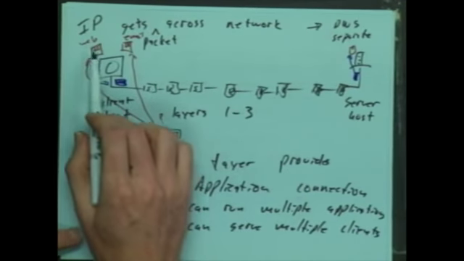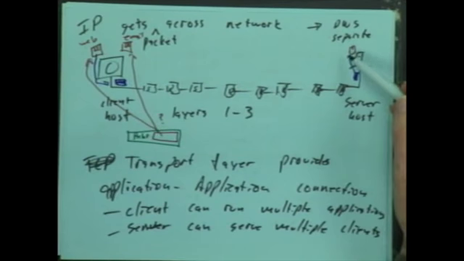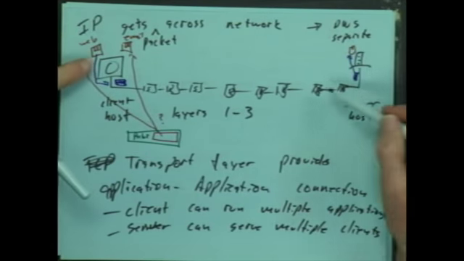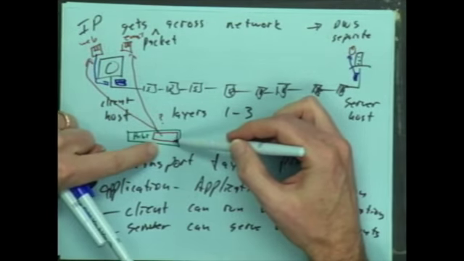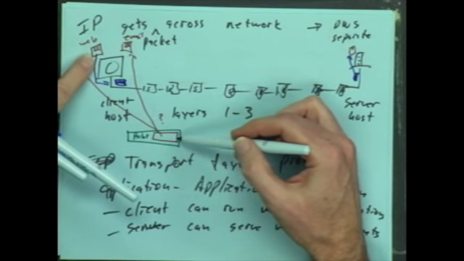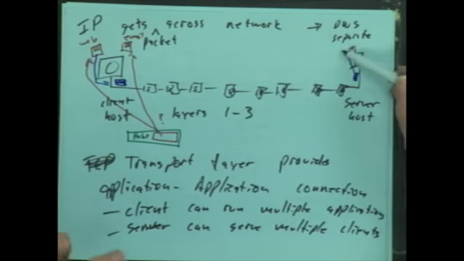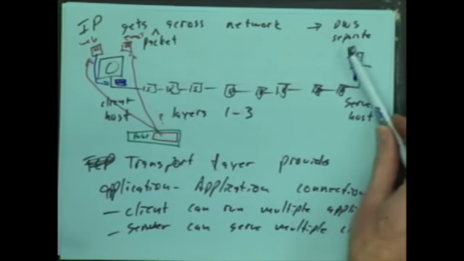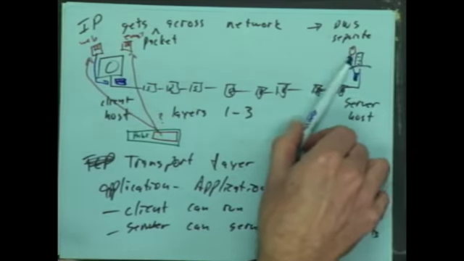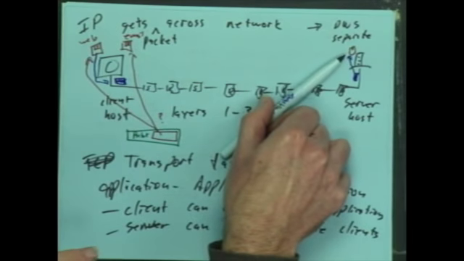So remember, here I am on my web browser connecting to the web server. And I already know that when the reply comes back from the server, that was this packet, my computer has to decide it's for web, and it has to know where it goes. The server needs to be the same way. Even within the web application, it has to keep track of which client goes with which connection.